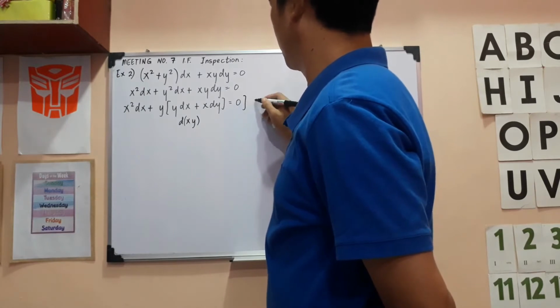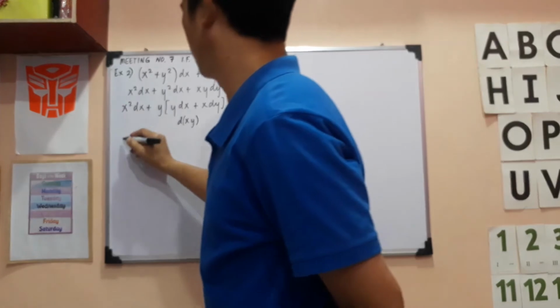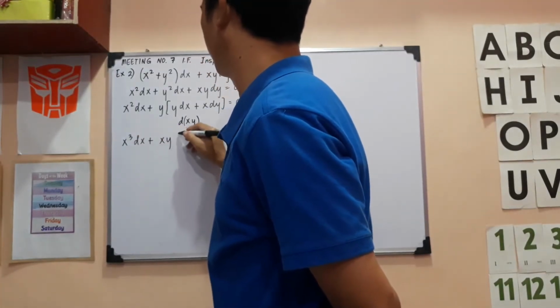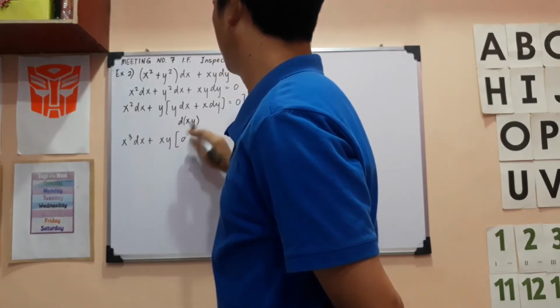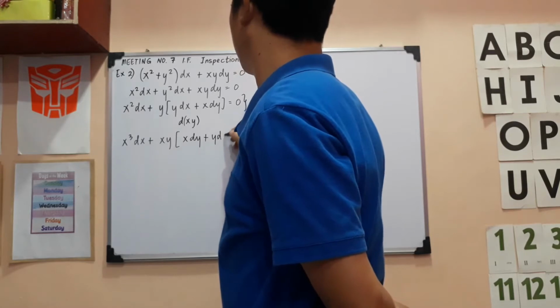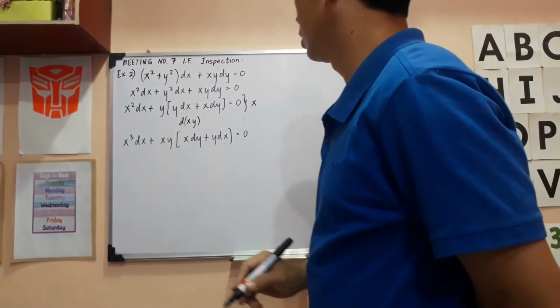So, pag multiply natin this whole term by x, we have now x cubed dx plus xy and then x dy plus y dx. Ganon din yun, di ba? That is equal to 0.